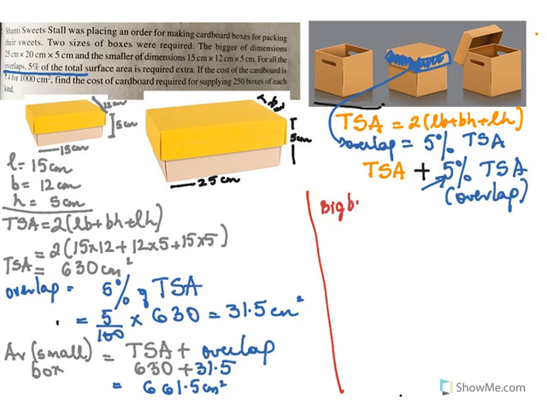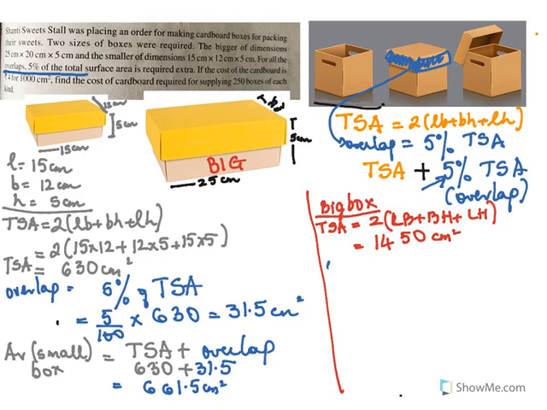In this similar manner, you are going to find the TSA of the big box. This is the big box, and in the same way you have its length, breadth, height given. You will find the TSA by using the formula 2(length × breadth + breadth × height + length × height). You will work it out and it will work out to 1450 centimeters square. Now here again we require overlap.